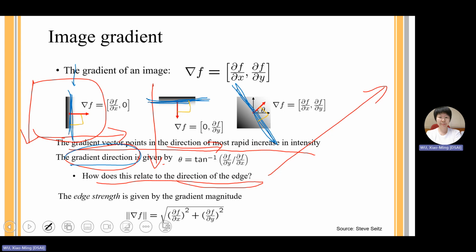Clear? Because the gradient direction represents the most rapid increase.